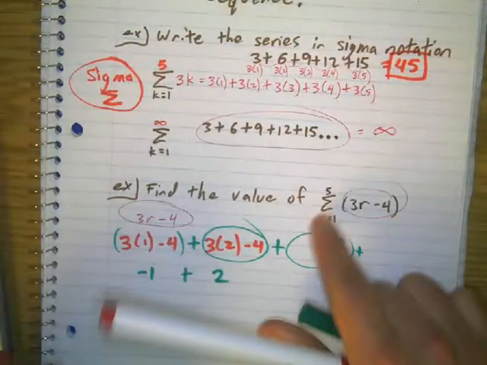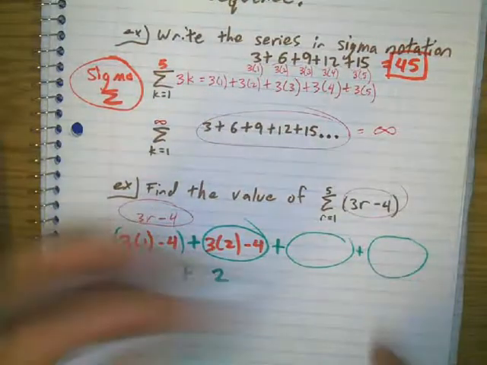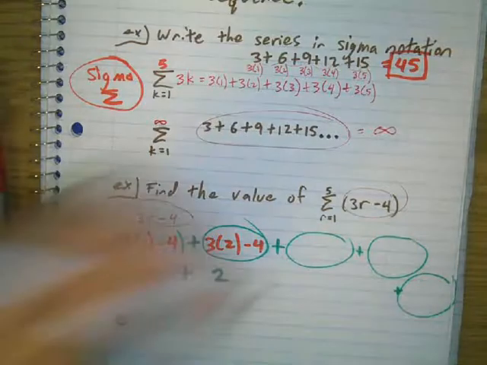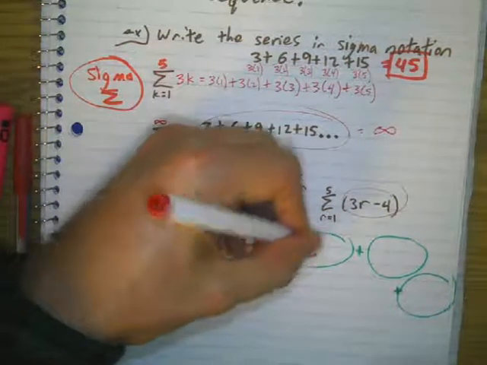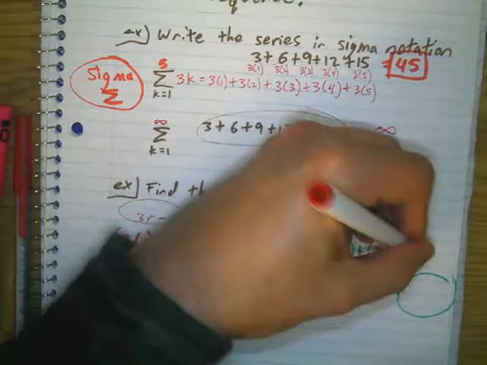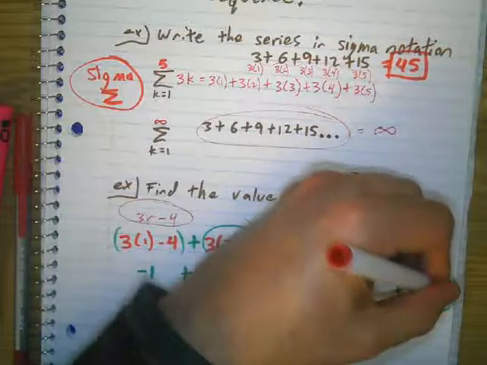How many terms? We're going to have 5 terms, right? 1, 2, 3, 4, 5, right? 3 times 3 minus 4, 3 times 4 minus 4, 3 times 5 minus 4.